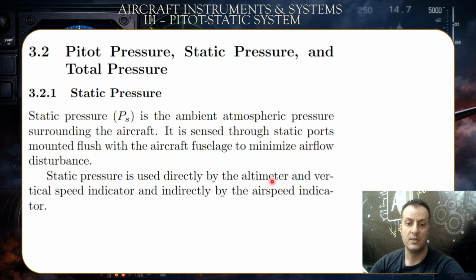So by measuring the difference, we can get the altitude, and the speed of change of the difference between the actual pressure on the outside of this diaphragm and that on the inside, the rate of change, would give you the VSI, or vertical speed indicator. And finally, you have the ASI, which works based on the dynamic pressure of the air flowing and pushing against a diaphragm.